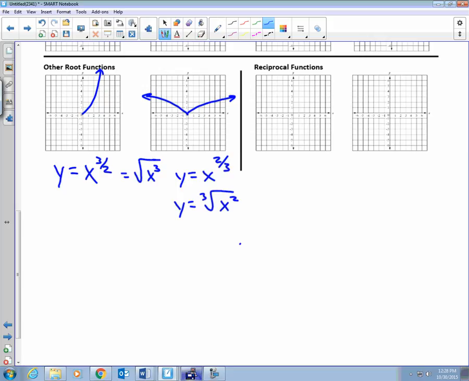Reciprocal functions are a little bit different. What value can't you plug in? 0.